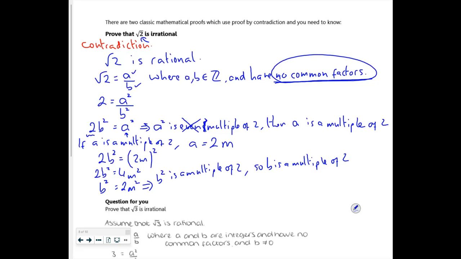Right, so I've got to squeeze in my conclusion here because I got a bit carried away. So both a and b are multiples of 2, so have a common factor.